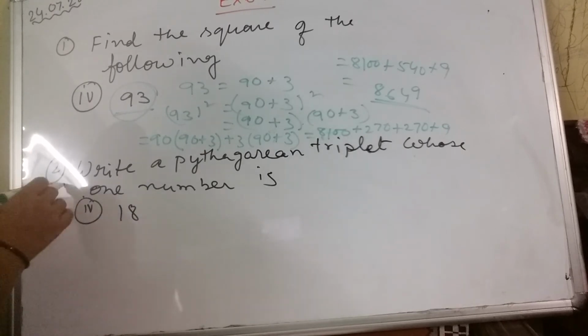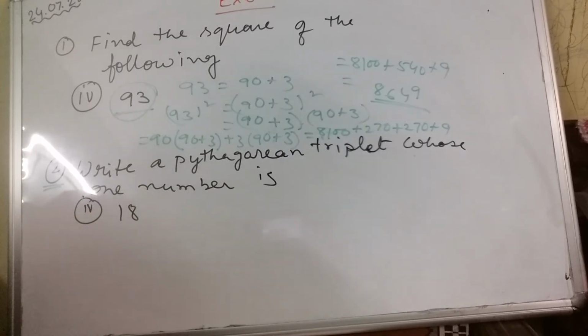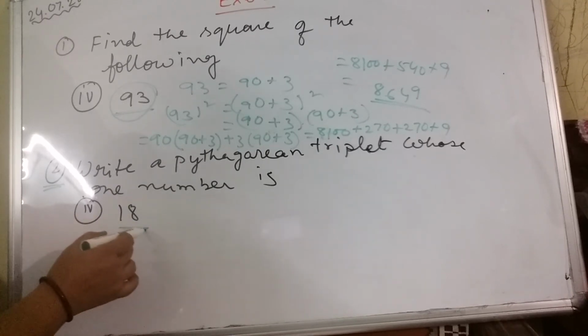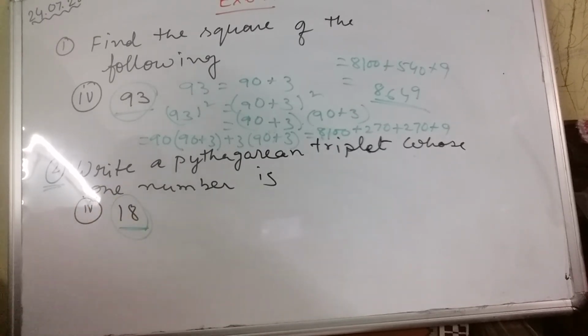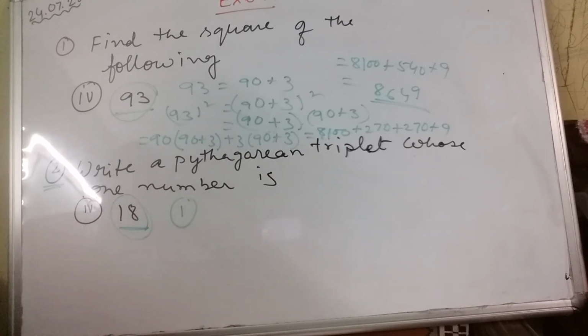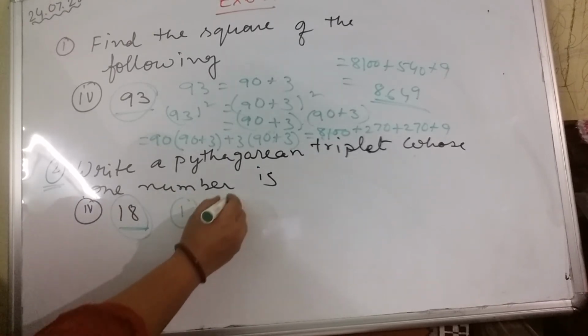Okay. Next, question number 2. Write a Pythagorean triplet whose one number is 18. Remember the trick, it's an even number. So first step will be you have to divide it by 2.